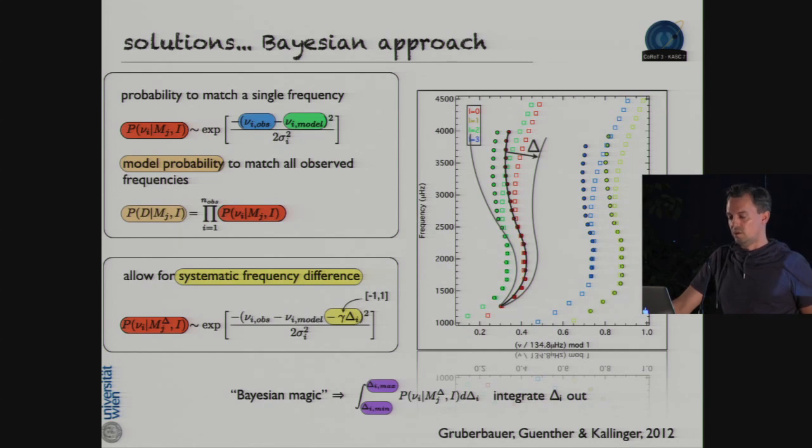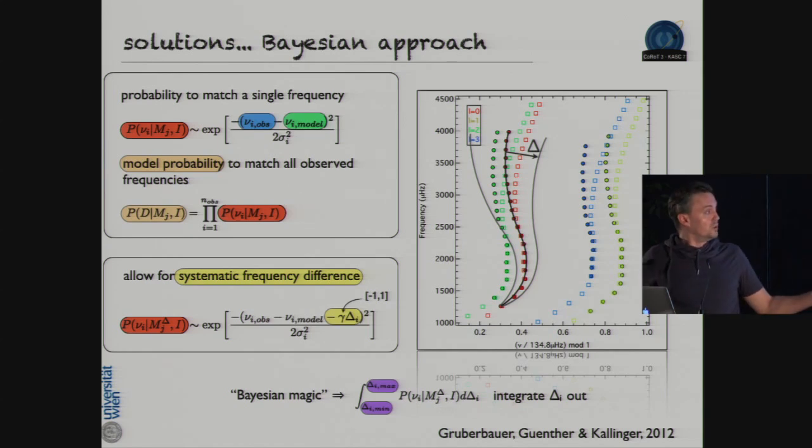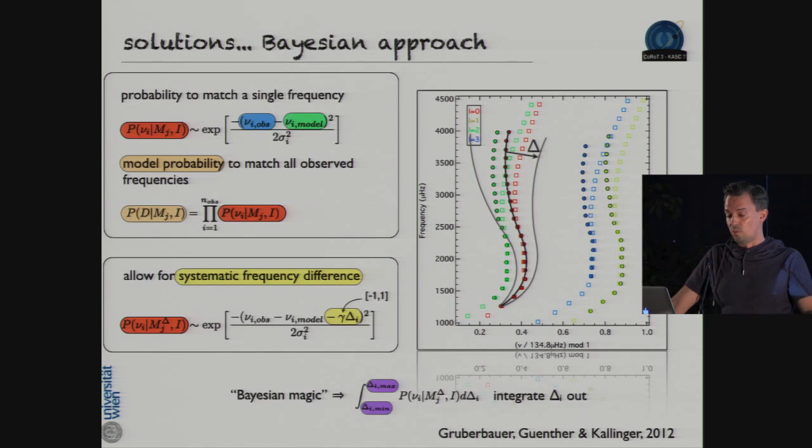And now we can introduce a frequency difference to these probabilities, which is shown here. So by simply adding another parameter there, we actually treat the surface effect.